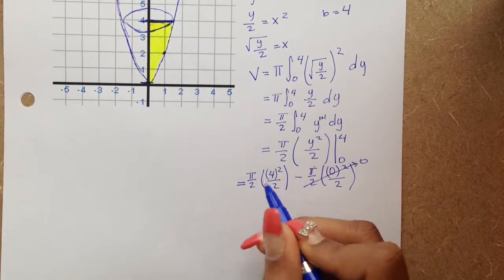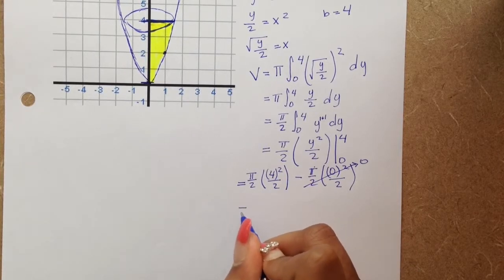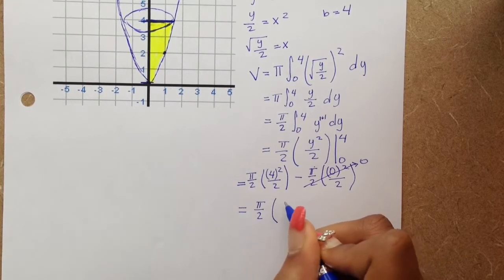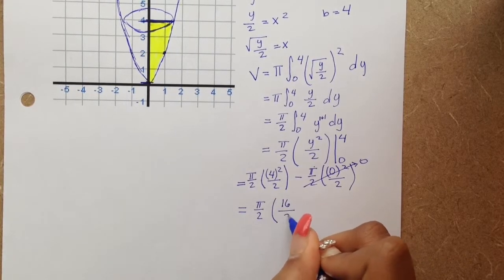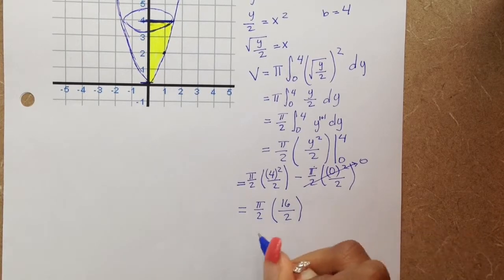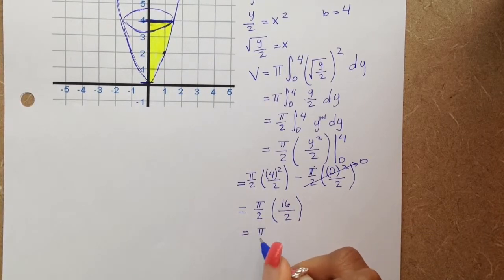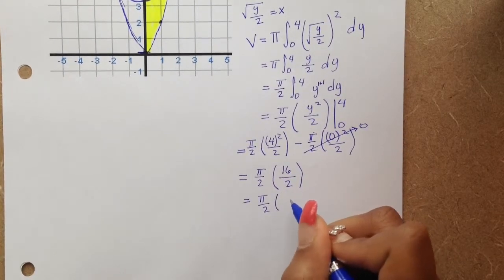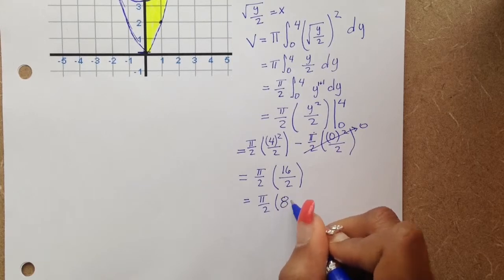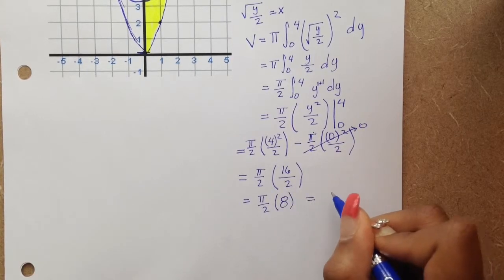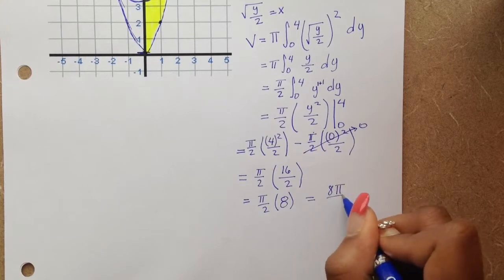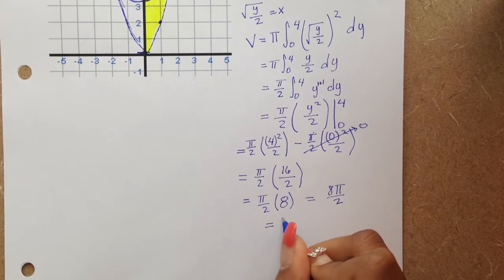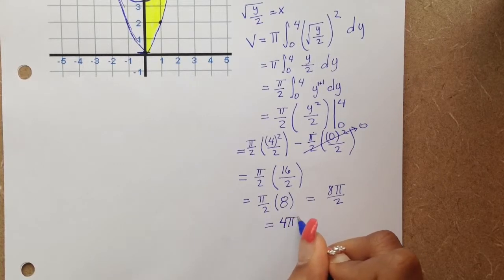So now all we have is this little bit left, so that equals pi over 2 times 16 over 2, and that equals pi over 2 times 8, and this will equal 8 pi over 2, which will then simplify down to 4 pi.